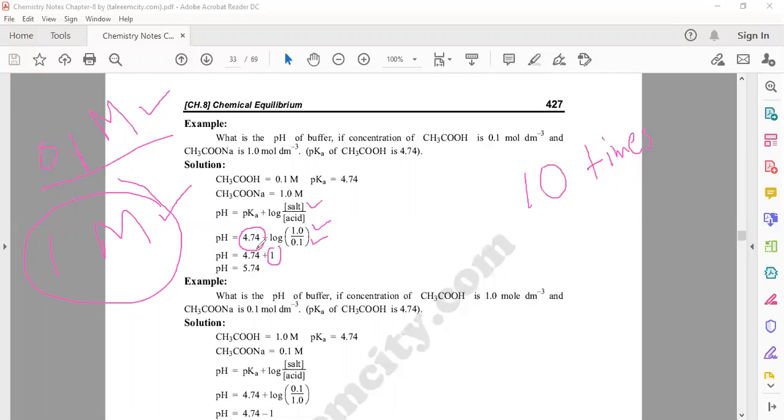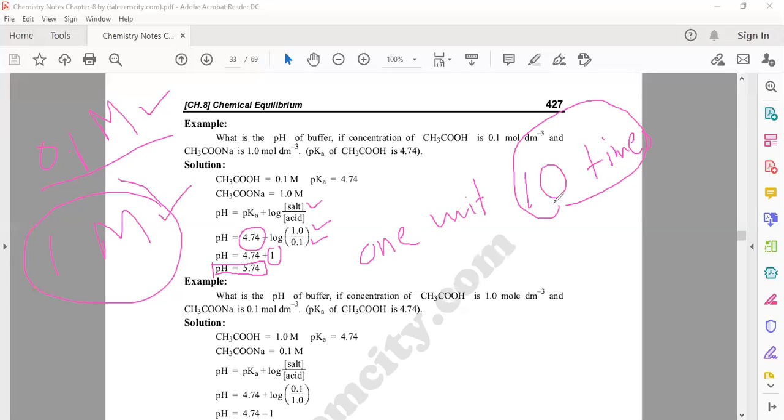So 4.74 plus 1 will be the new pH. By increasing the concentration of salt 10 times, the change in pH will be 1 unit. The pH will increase 1 unit if you take the salt concentration 10 times higher.